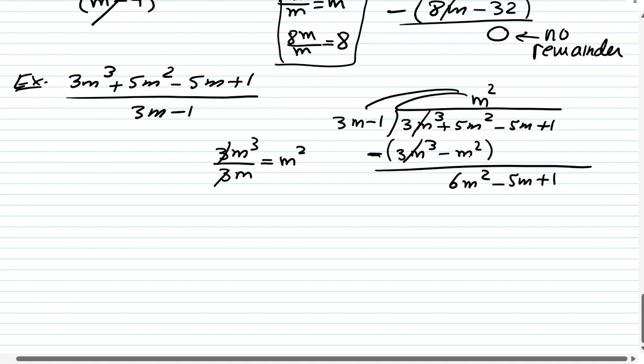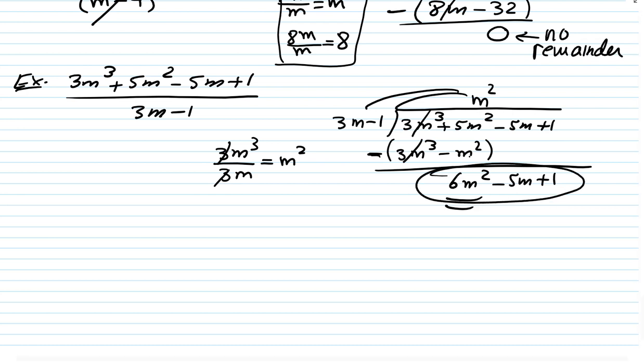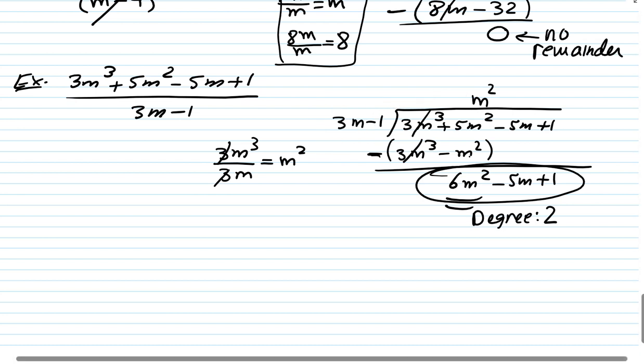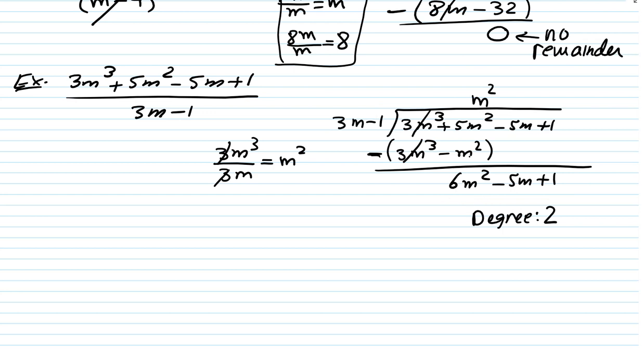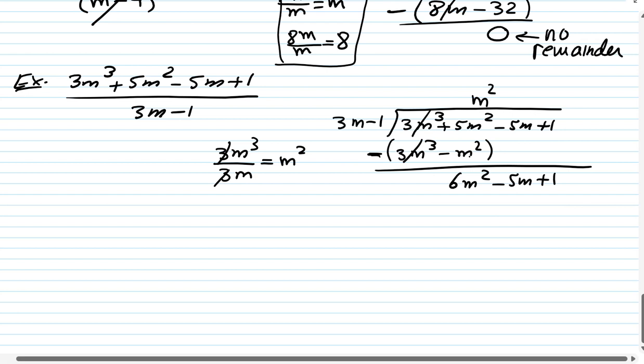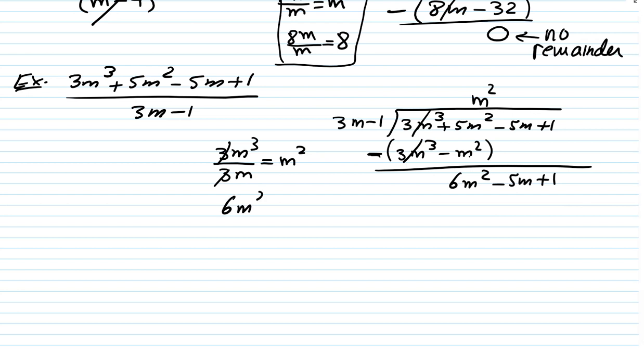And we will continue. See, as long as this is a remainder, as long as the degree of the polynomial, the degree is 2, is greater than or equal to the degree here, which is 1, we continue. All right, so next I'm going to divide 6m squared by 3m, first term in the divisor.